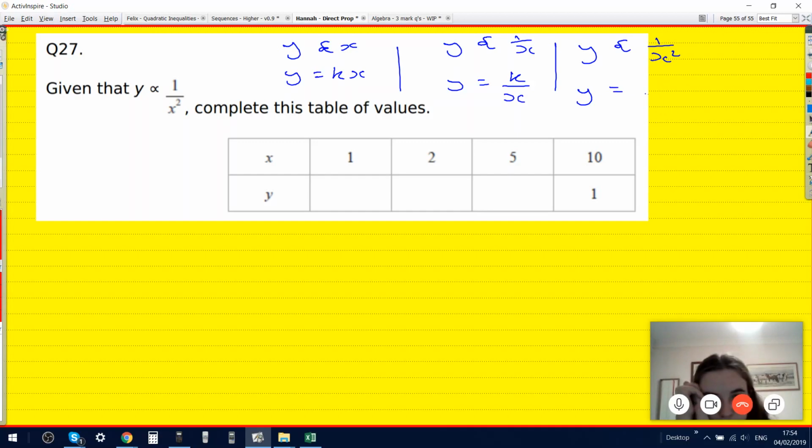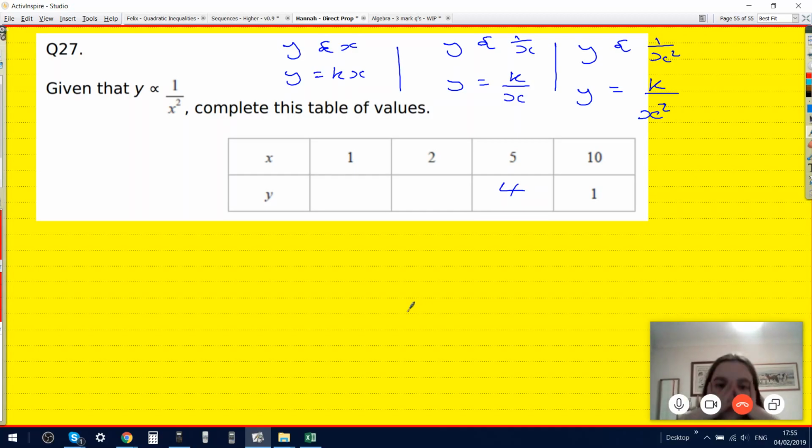Y equals k over x squared. Oh, you're right. So that's 4. Yeah. Oh, okay. 2.5.